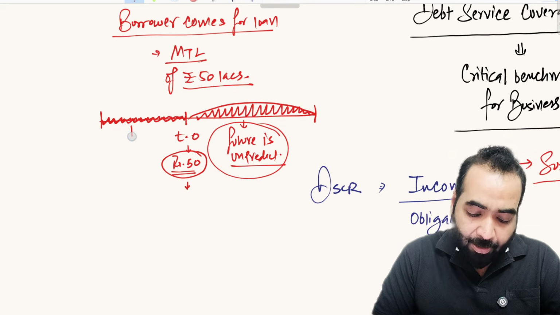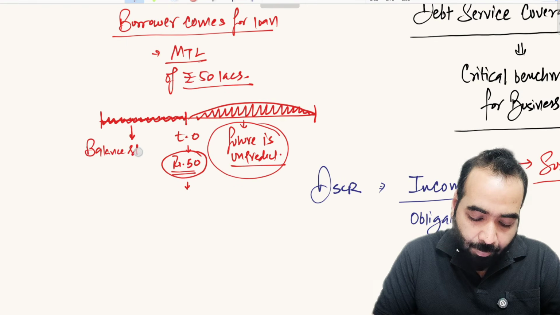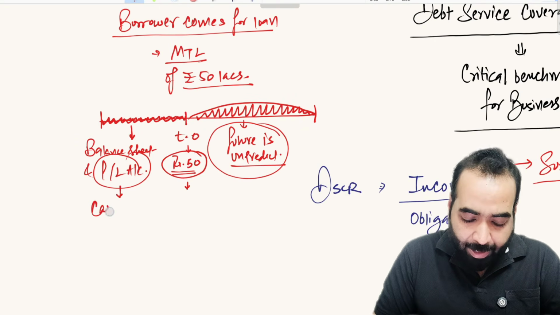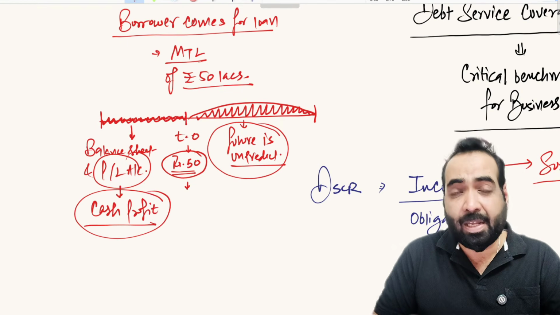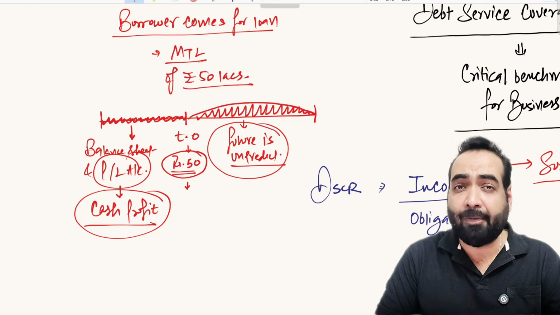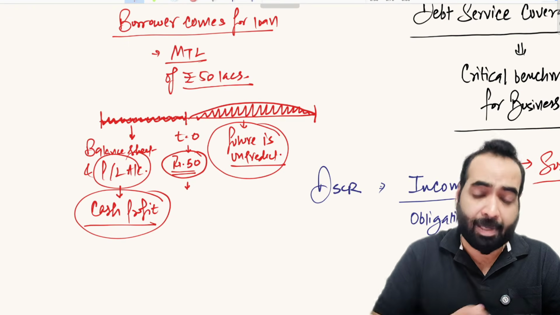So for that record, we take his balance sheets and profit and loss accounts. So from profit and loss account, we try to assess his or her cash profit, the cash profit of the business, the profit which they have actually earned in cash, that we try to understand from its past trends.